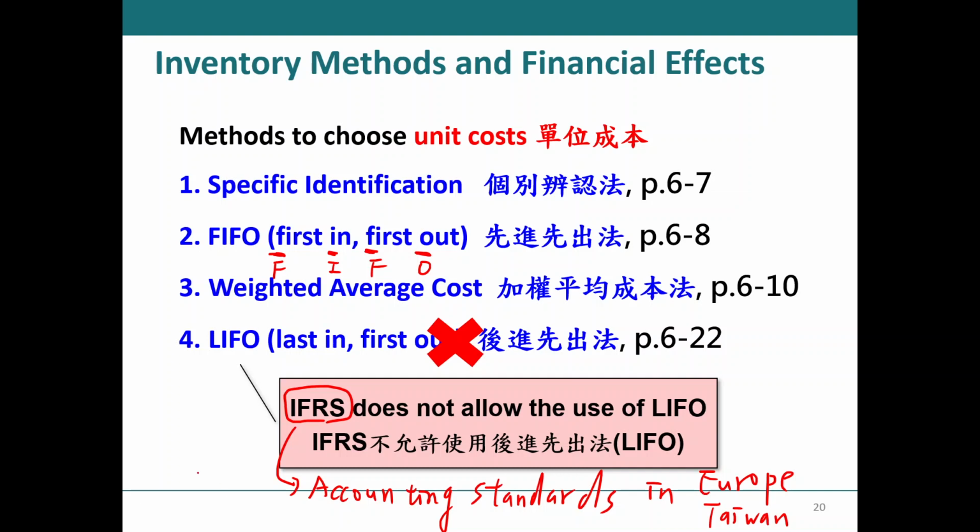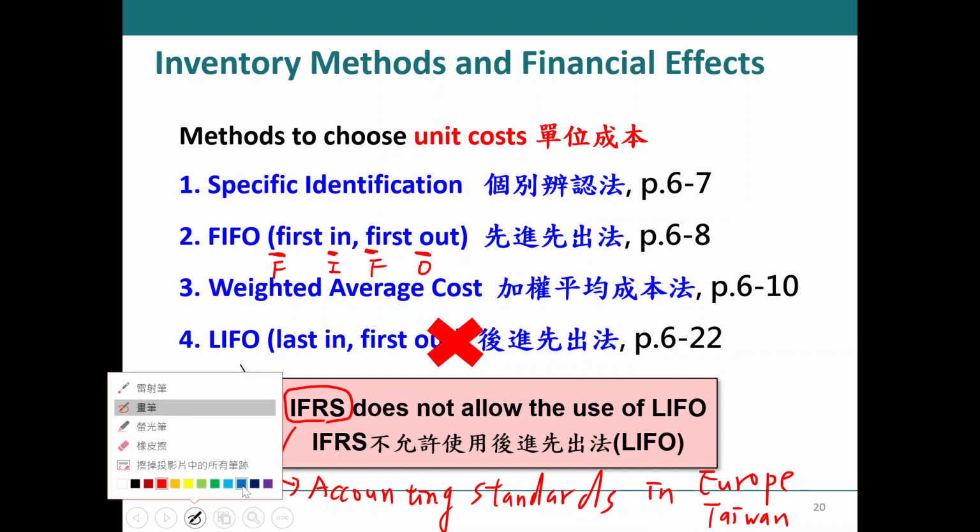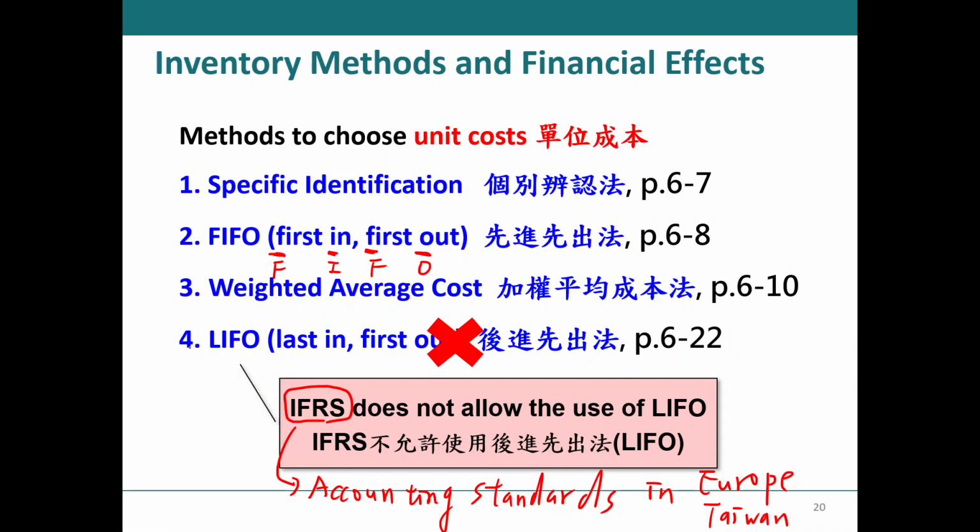So the last method is for companies in the USA. That's why today we just mention the first three methods. We skip the last one. But if you understand the first three methods, with the same logic, you will know how to use the last method.